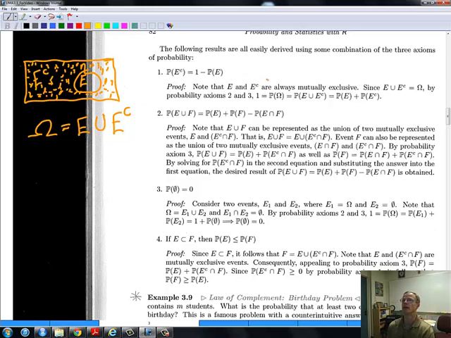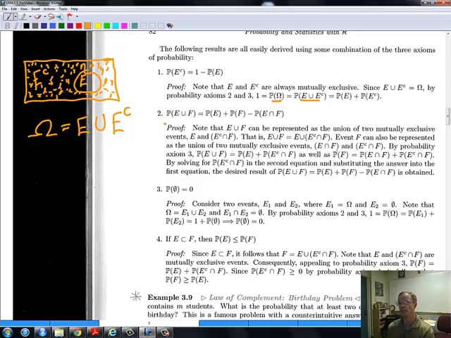Okay, great. Oh, here we go. Probability of omega is the probability of the union. And since they're mutually exclusive, we had our third axiom. Then we can add the two pieces. Great. Okay, number 2, E union F is this guy here.